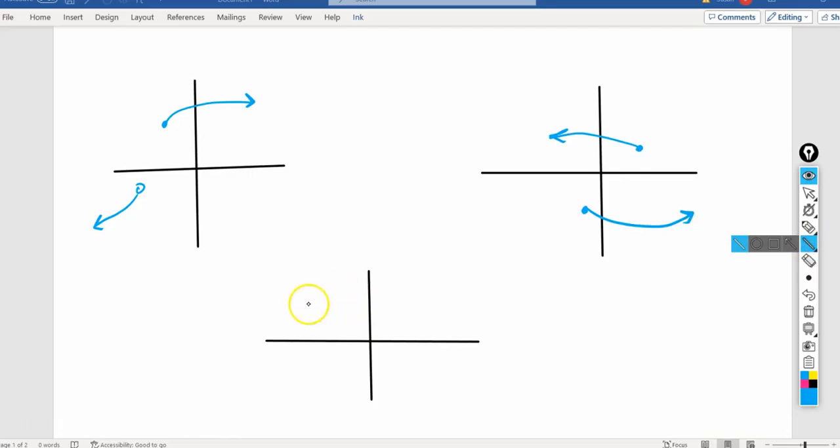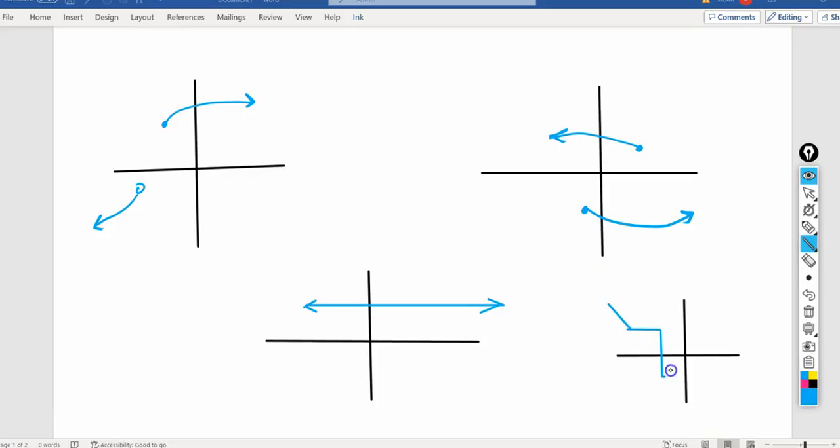And then what if I suppose I just have something like this? And I might draw one more in here. Okay, so let's see if we can decide which of these are the graphs of functions.